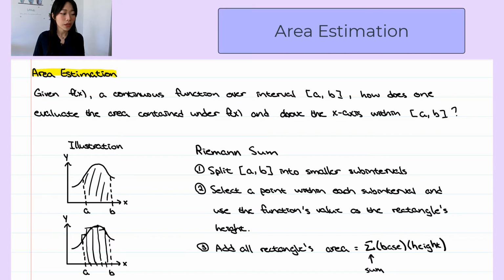And lastly, we're going to add up the areas of these rectangles. And we denote this as sigma, which is the summation symbol, of the base of each rectangle times the height of each rectangle.